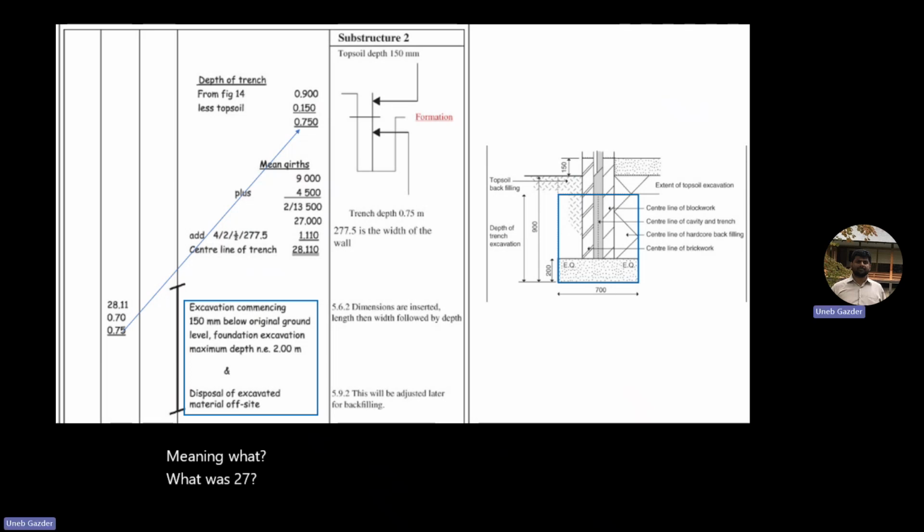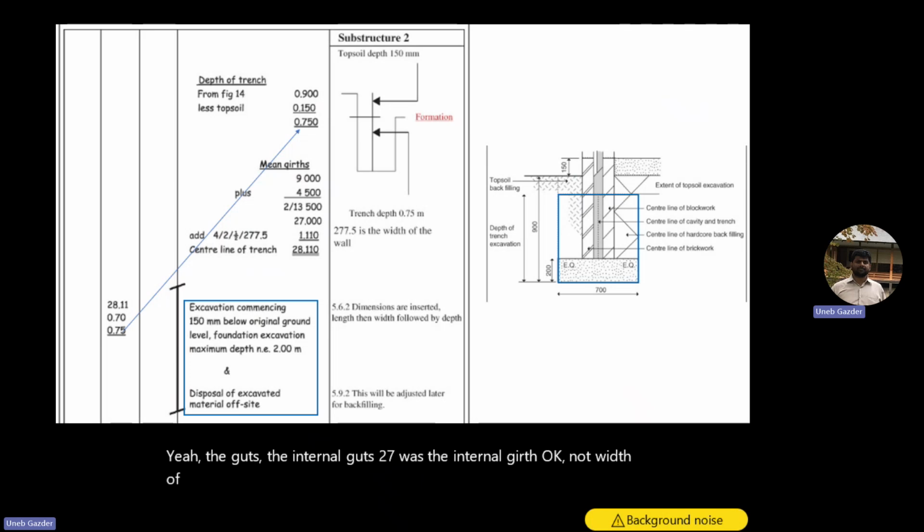Yeah, the girth, the internal girth. 27 was the internal girth. Okay, not width of anything. So internal is 27.